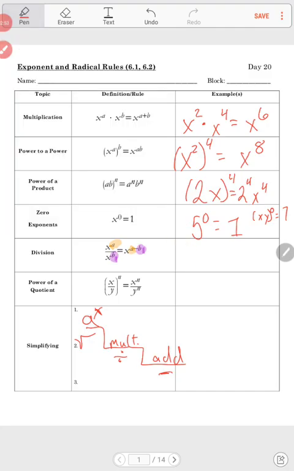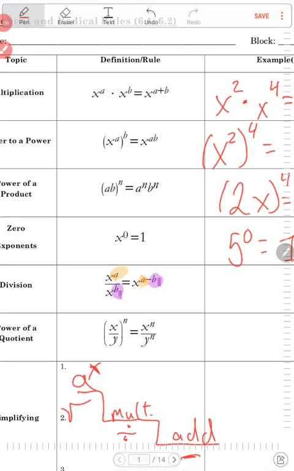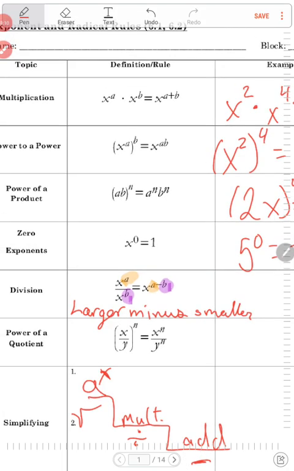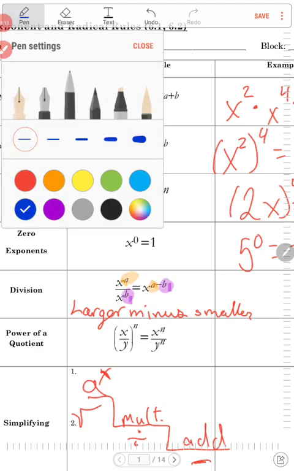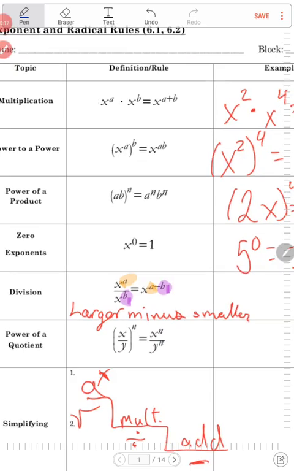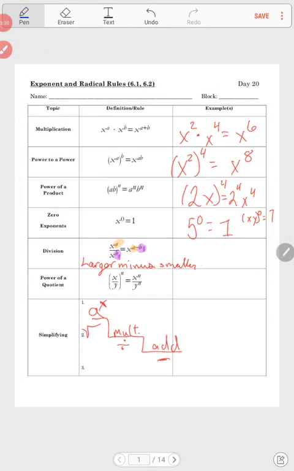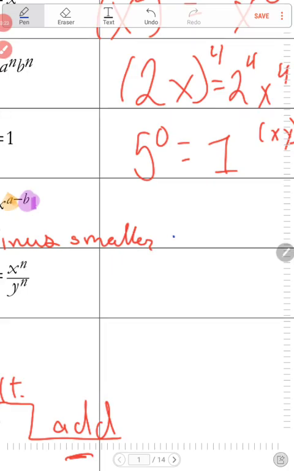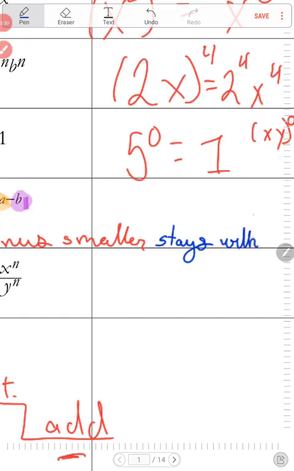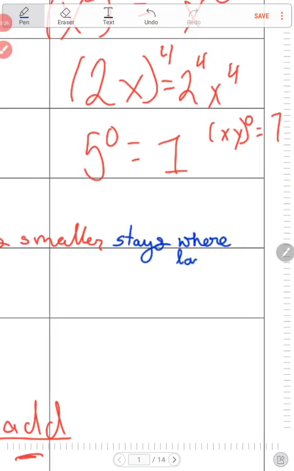So the way that I'm going to say it, if I can get the correct pen back, is we are going to do larger minus smaller. And that stays where larger was.